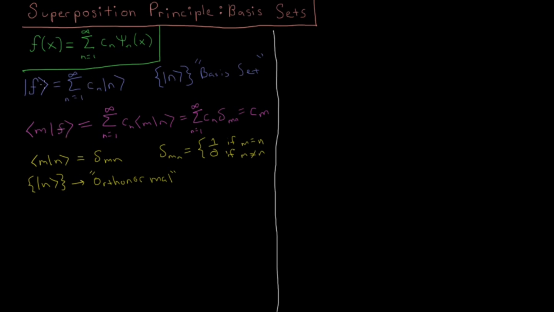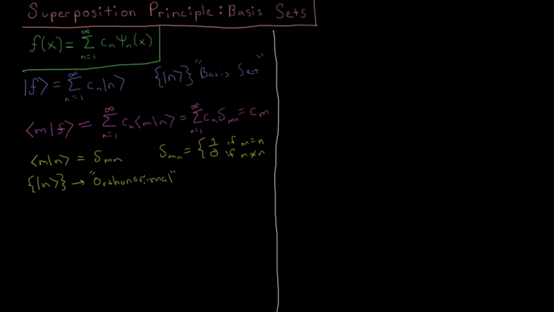For example, if we have some given function like x squared or e to the x, or any function we want, and we have some basis set of eigenfunctions that we can find, we can represent the function as a sum of these eigenfunctions times a coefficient. We get the nth coefficient by multiplying our function times the nth eigenfunction and then integrating from minus infinity to infinity, and that'll give us the coefficient for that individual basis function.